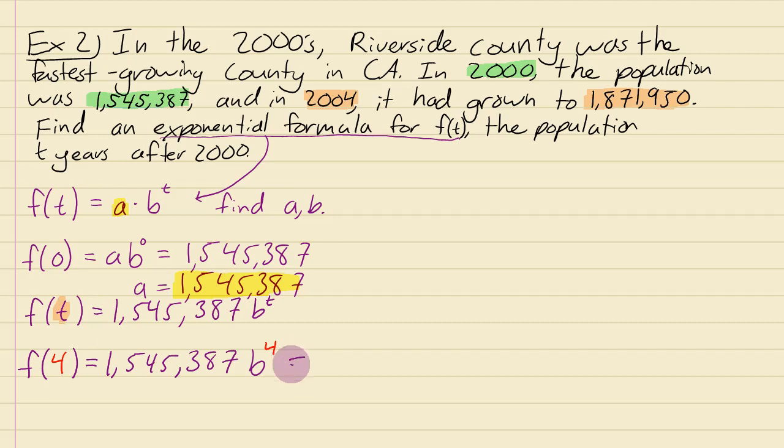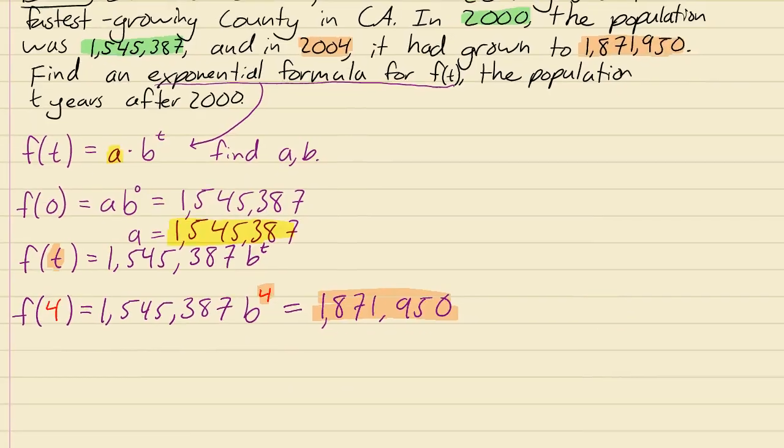But then the result, the actual population, is 1,871,950. So that's what we're plugging in there. So that gives you an equation you can solve to find b.